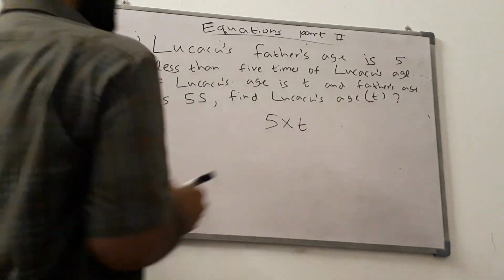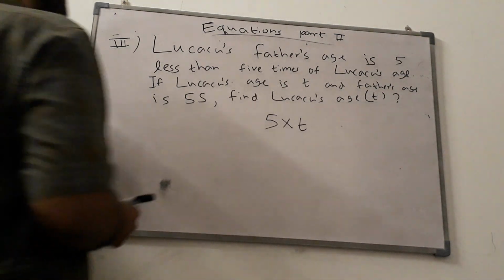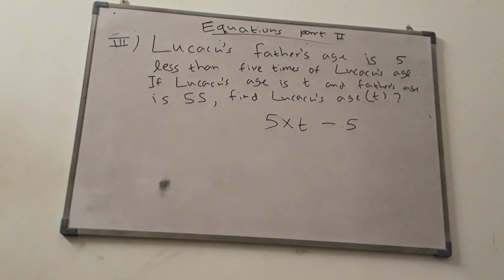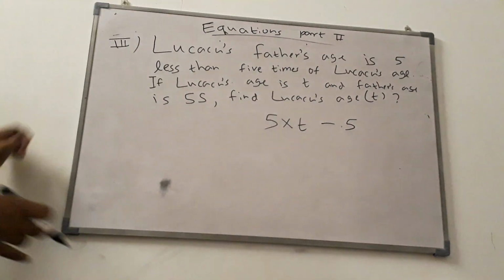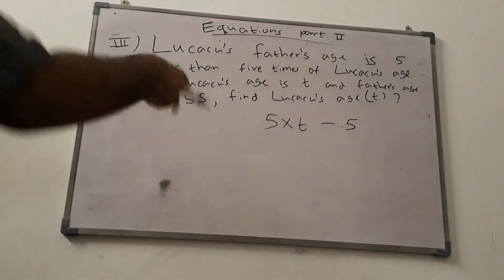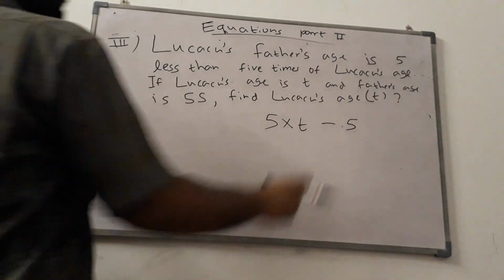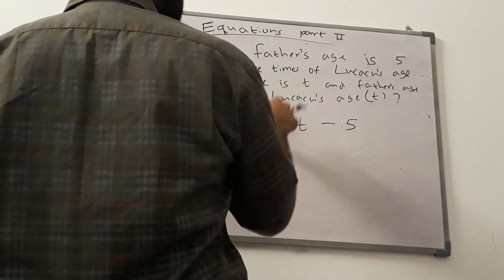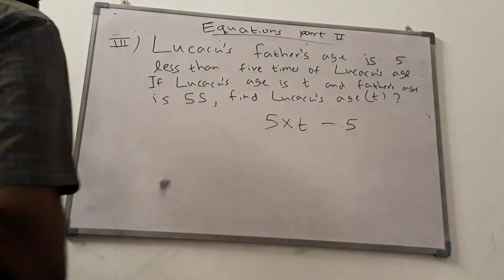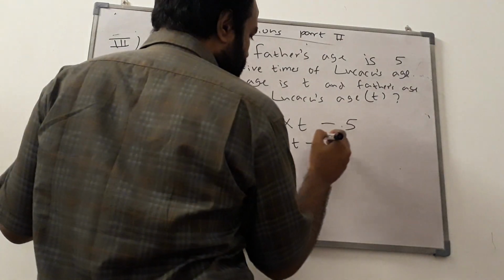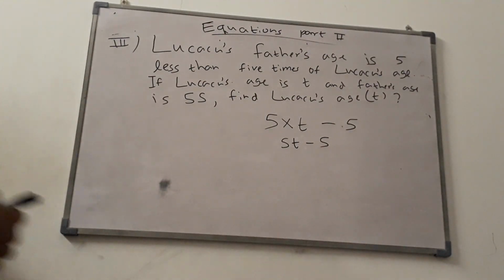So 5 times Lukaku's age means 5 times T. Father's age is 5 less than 5 times T, means you have to subtract 5 from 5 times T. 5 years less than 5 times Lukaku's age, which is T. So 5 times T minus 5 is Lukaku's father's age given in T terms.